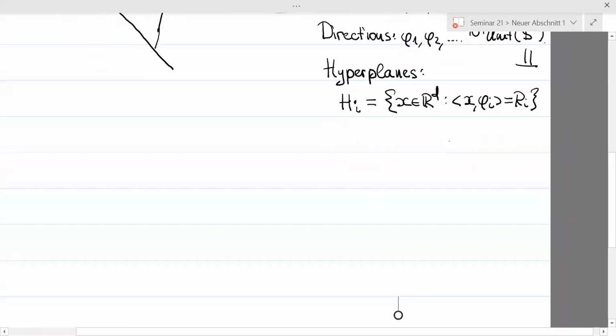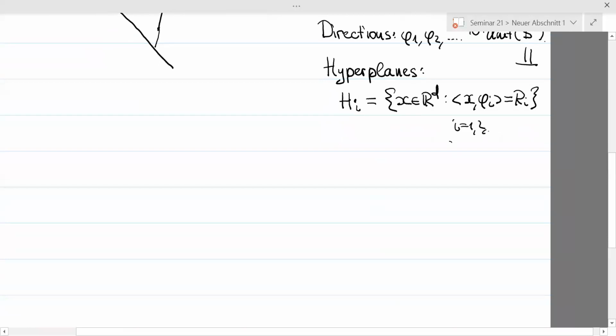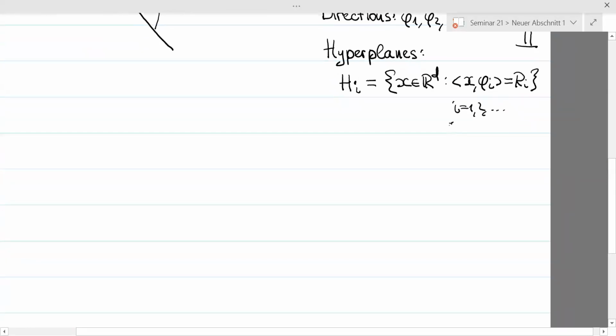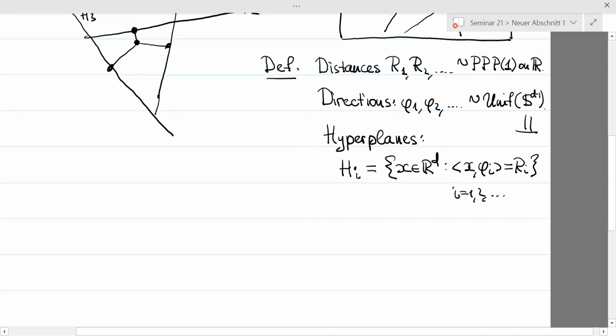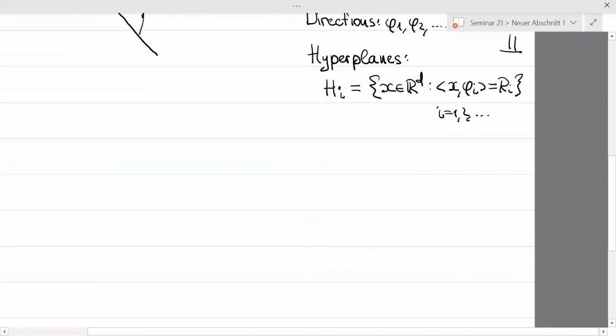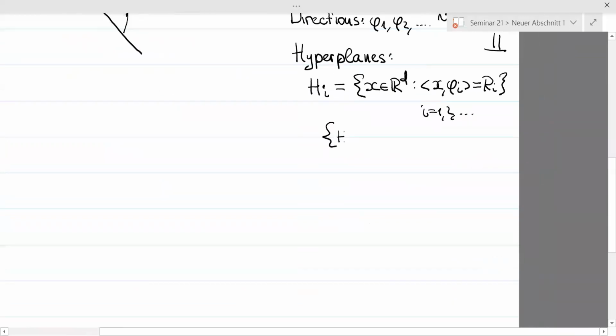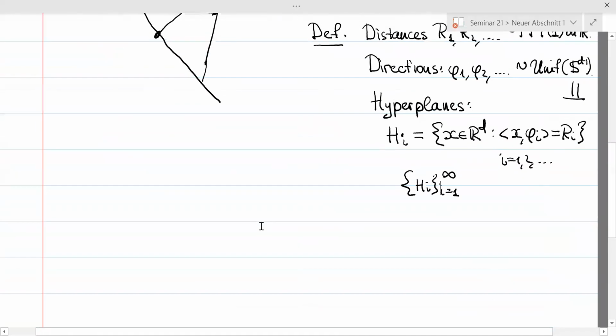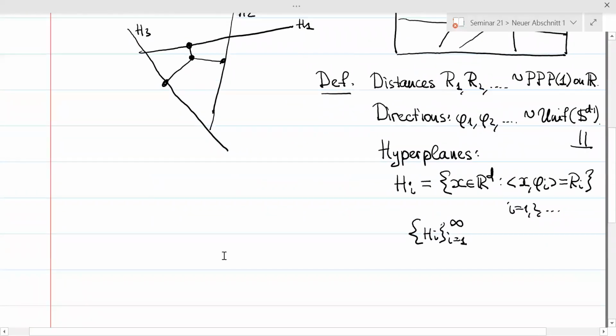Now this is done for every i equals 1, 2, and so on. And in this way, we get a random collection of hyperplanes, which is called the Poisson hyperplane process. So the Poisson hyperplane process is just the collection H_i, i from 1 to infinity.